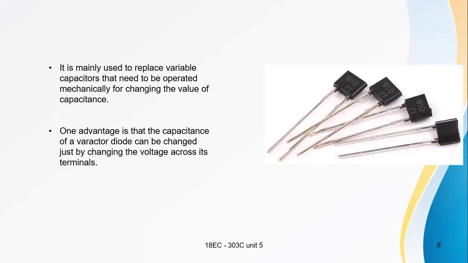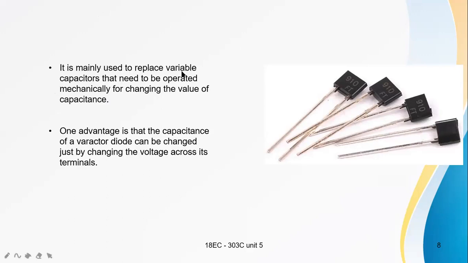See, this varactor diode is used to replace variable capacitors that need to be operated mechanically to change the value of capacitance. Generally, when variable capacitance is required, the capacitance values are changed mechanically. This is replaced by using a varactor diode.